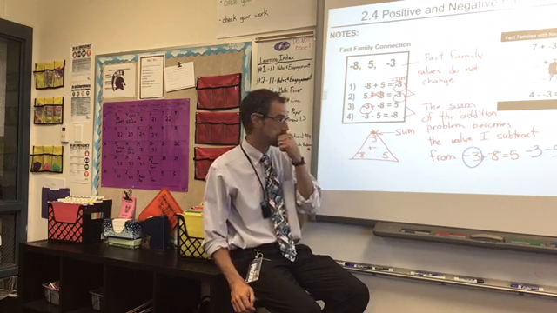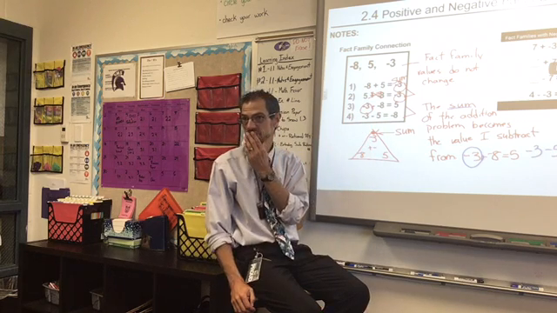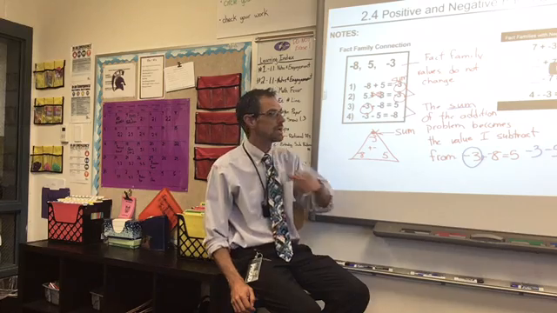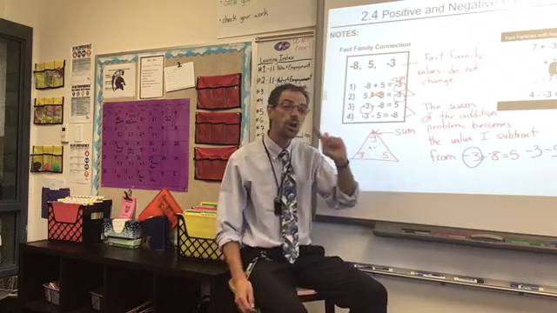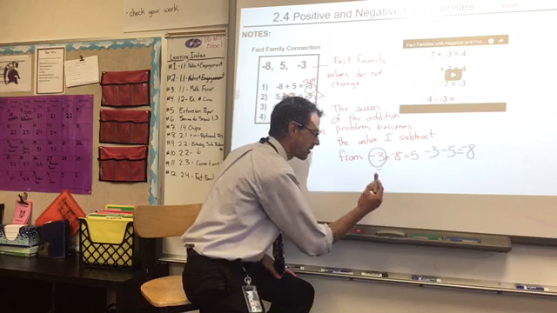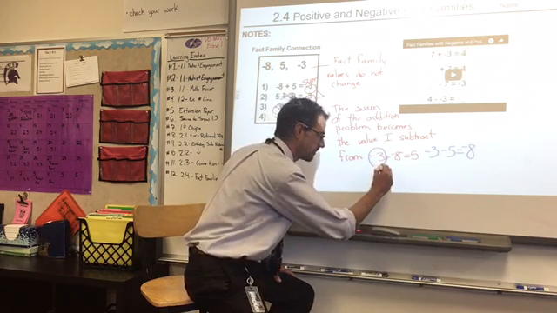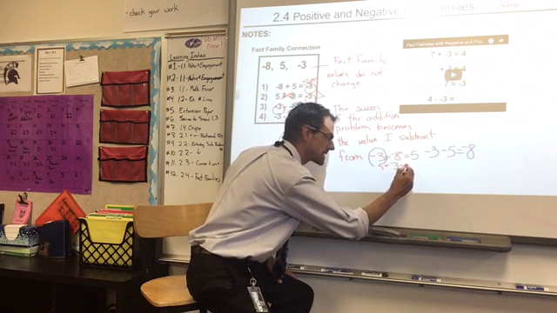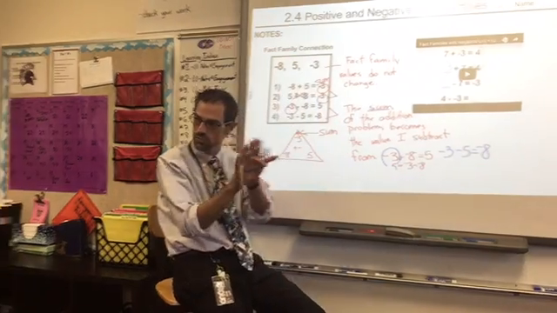A couple key things. Once you get an addition number sentence, you know that your sum is first to go write the subtraction number sentences. And the sum becomes the value I subtract from. Because I also could write these like this. I could write 5 equals -3 minus -8. These are the same. They're just slightly moved around.